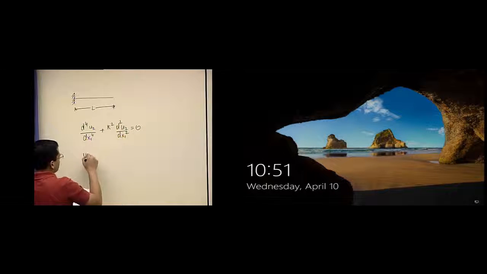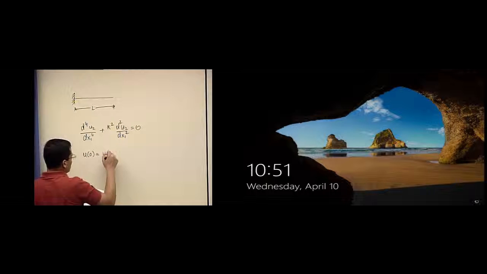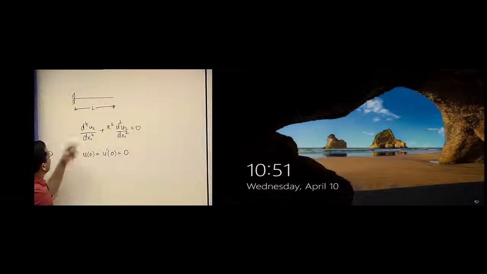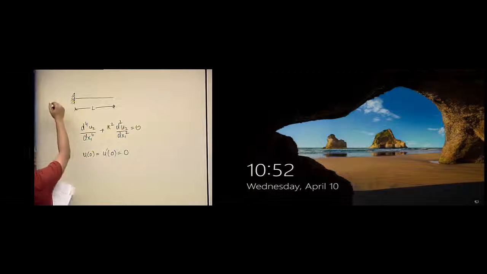And then we have the displacement and the slope at the left end, where x1 is 0, equal to 0.